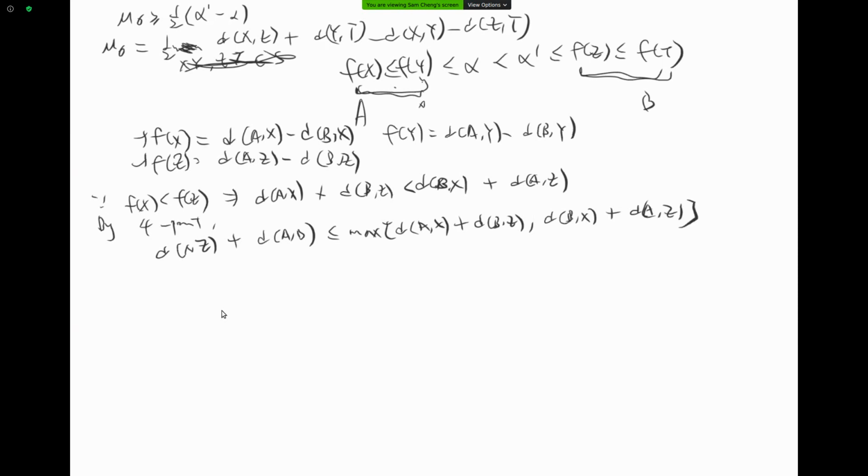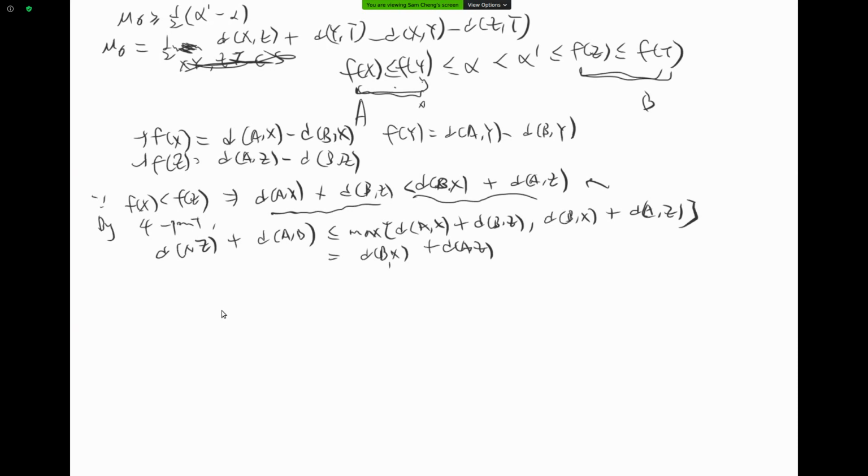And note that from the equation above, I already have dbx plus daz is bigger than dax plus dbz, right? So therefore, this guy is just equal to dbx plus daz. So I have one equation like this, and I can derive a couple of similar equations in the same manner.